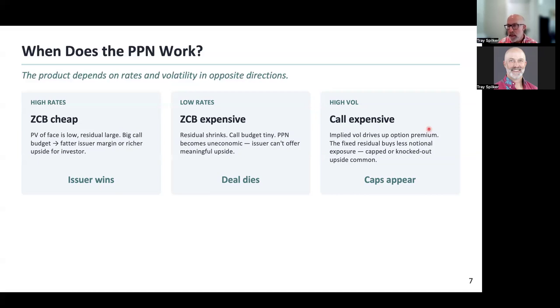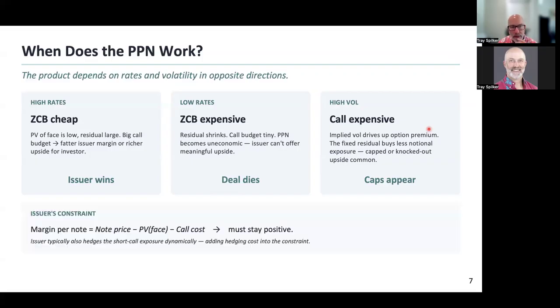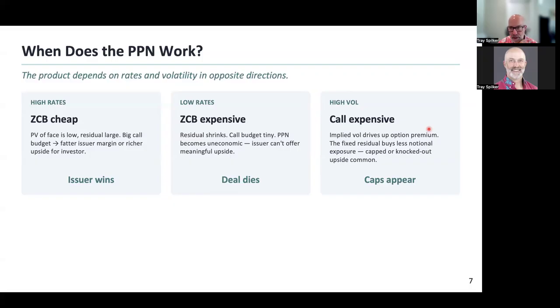Now, the challenge, as you will have noticed based upon this information, is that in the post-global financial crisis period, call it all the way through 2021, interest rates were incredibly low. So this principal protected note market pretty much collapsed, and issuers had to shift to different structured products.